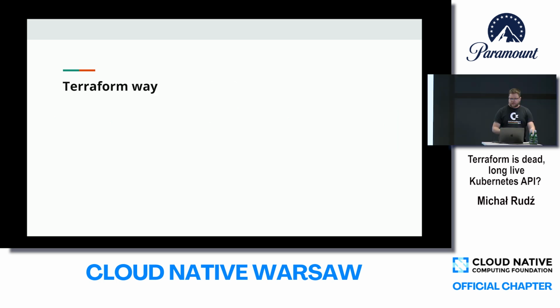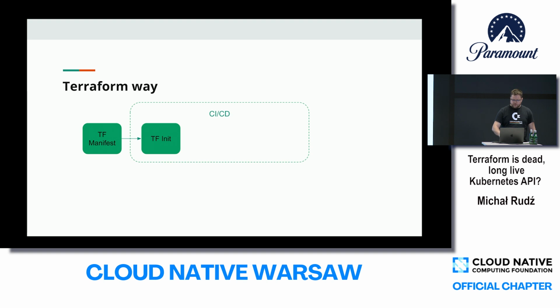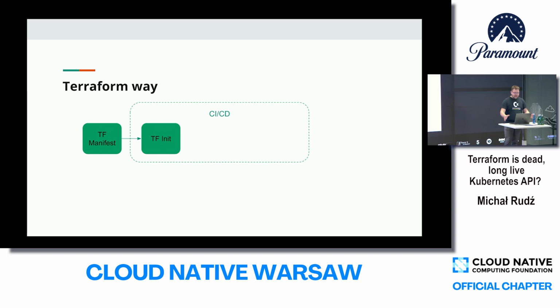So how does Terraform do this? If you want to deploy something with Terraform, first we need a new Terraform manifest. Then we have terraform init, which can consume time to download packages, especially if we wrap this inside the CI/CD, because caching is not always working, or some dependencies are changing.